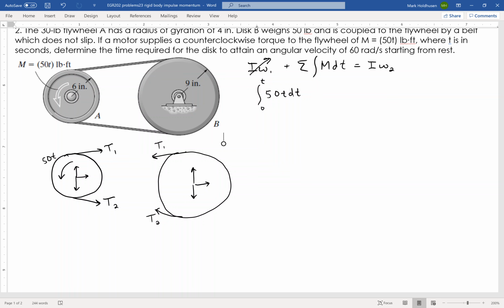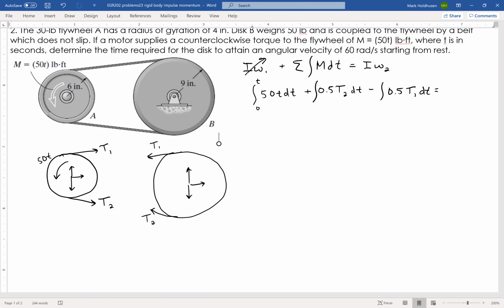So that's going to be plus the integral of 0.5 times T2, which again changes with time, so I've got to leave it inside the integral dt. Then I've got a negative 0.5 T1 dt. And that's going to equal I times omega 2.